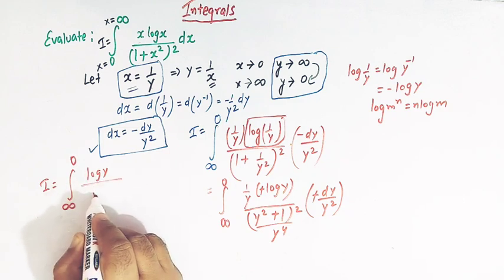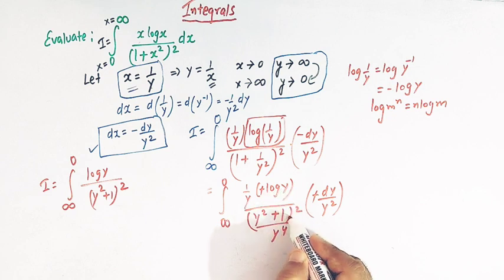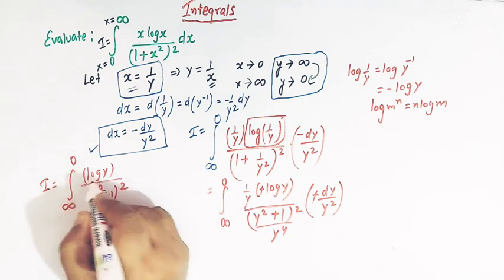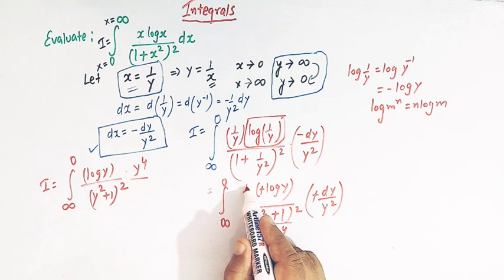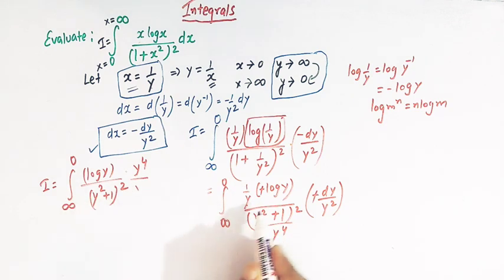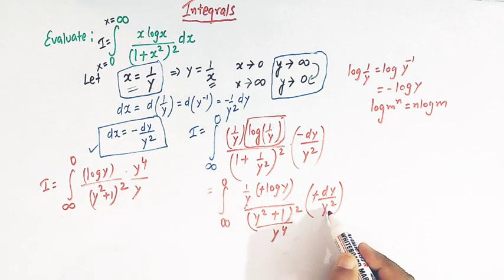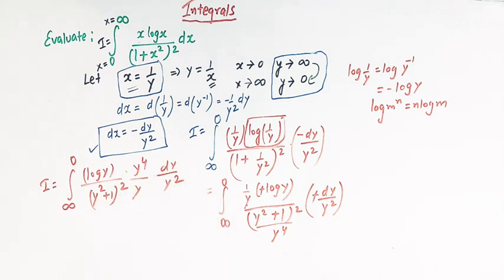Then we have y square plus 1 whole square, and this y square can be taken in the numerator. So we have y raised to 4, and then this 1 over y gets placed here, and then we have this term, that is dy over y square, right?